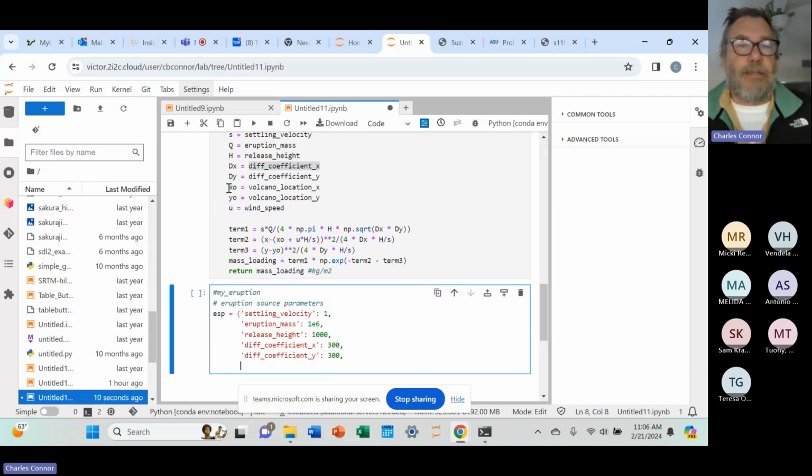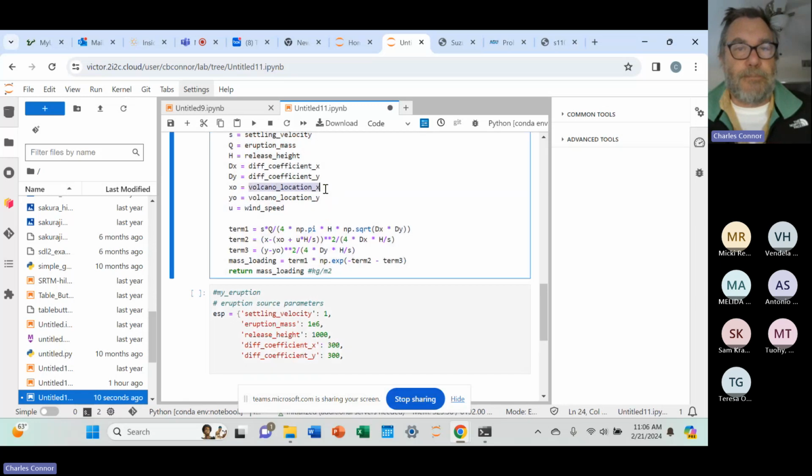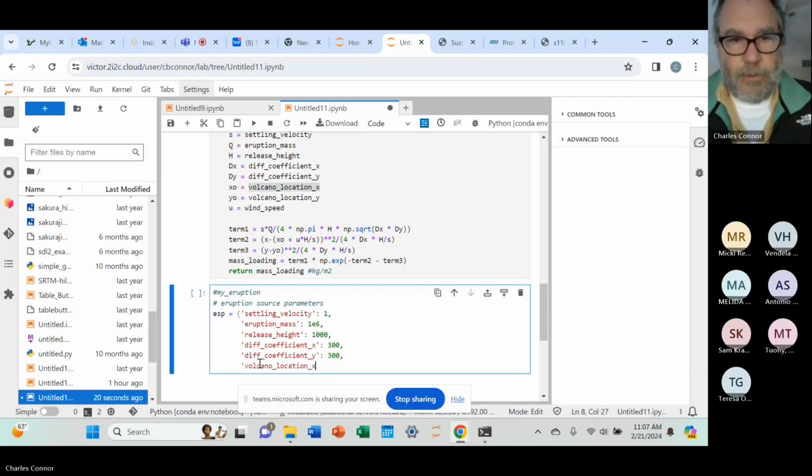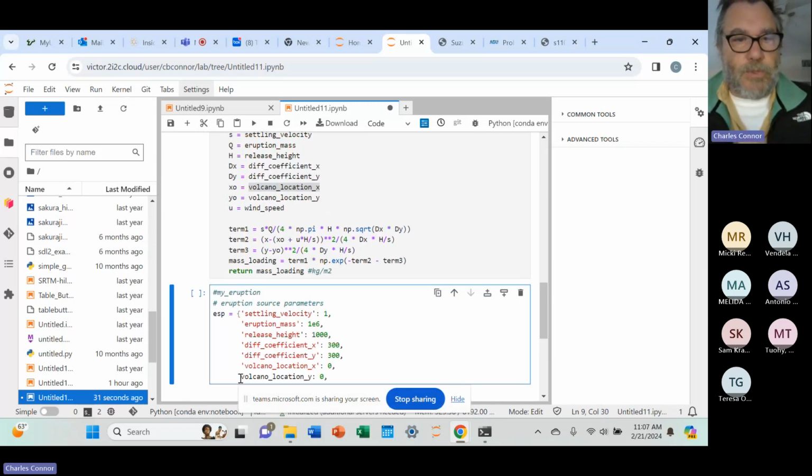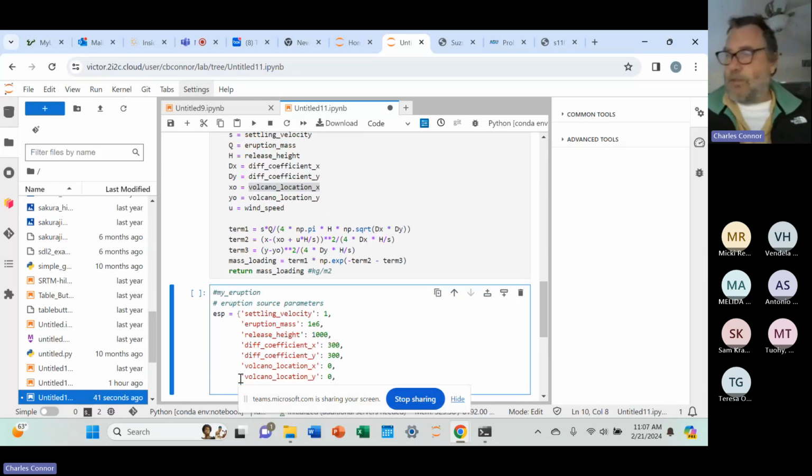Then I need to define the volcano location. And let's just make the volcano at 0, right? And I have to put my quotes in here. And then what's left?